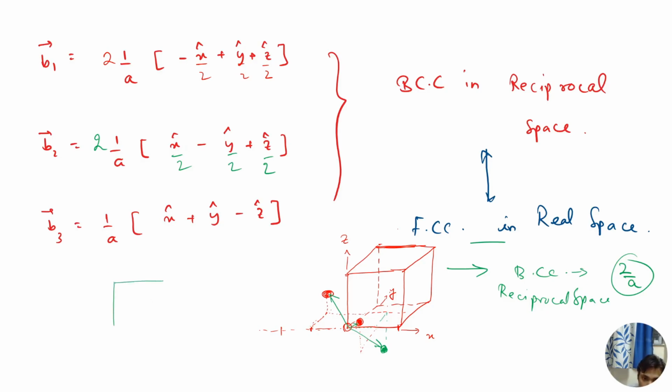So we started with a corner of a cube, and let us try to understand this. The first one, b1: you are going minus x cap by 2, so this is your x, this is your y, and this is your z.